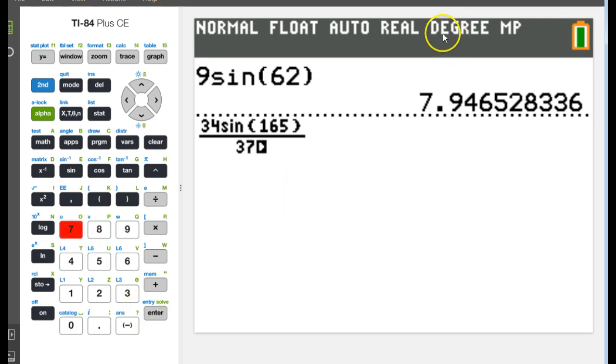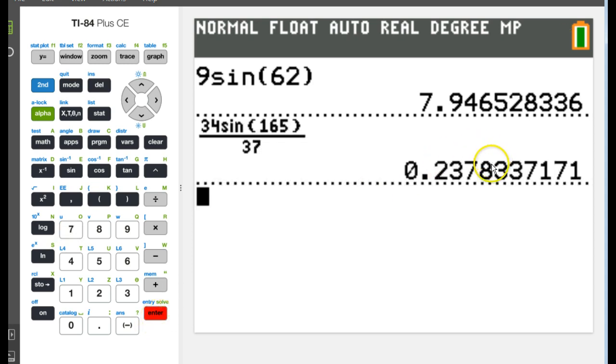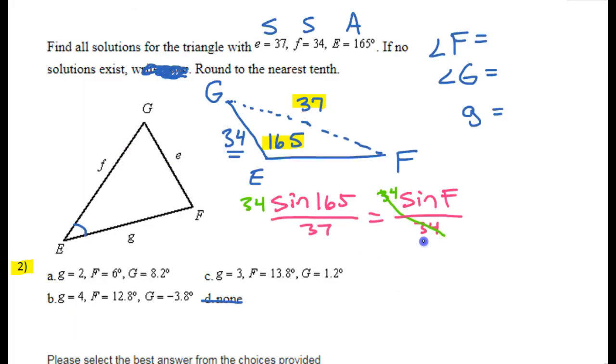Make sure your calculator is in degree mode. So I get this. I'm going to write down 4 decimal places: 0.2378. And that equals sine F.